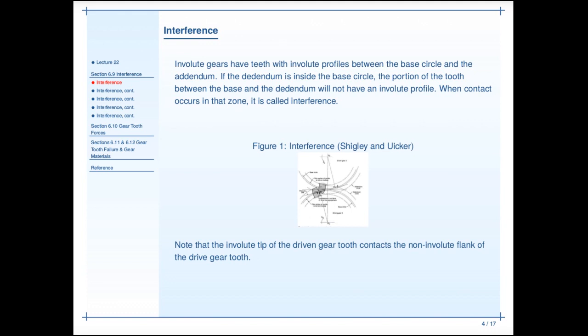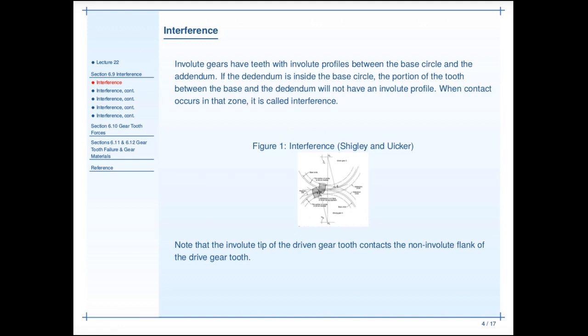Alright, interference. We've discussed before that involute gears in general have a rolling type of contact. This in effect is, if you're looking at a plane, a point contact. When you're looking at three-dimensional gears, you have a line contact. That involute profile exists between the base circle and the addendum. If you recall how we created the base circle and saw how the involute curve was generated from it, it should be pretty evident that that's where the involute exists.